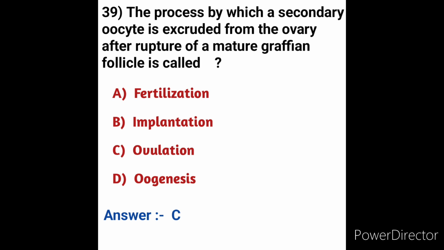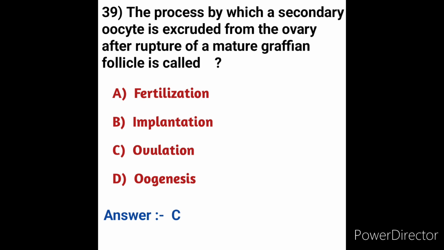Here, the process by which a secondary oocyte is extruded from the ovary after the rupture of the mature Graafian follicle is called ovulation. What is ovulation? Ovulation is the process of a mature egg being released from the ovary. After it is released, the egg moves down the fallopian tube and stays there for 12 to 24 hours.